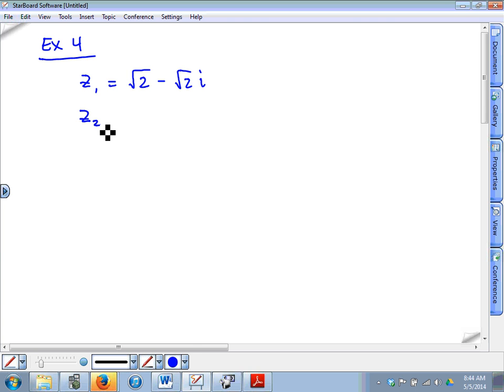And Z2 is equal to 1 minus i. Part A, I want you to find the product. Part B, I want you to find the quotient, Z1 divided by Z2. So what's the issue here?